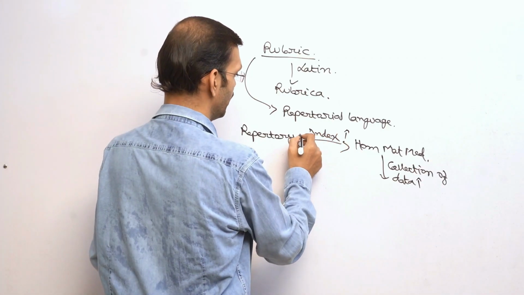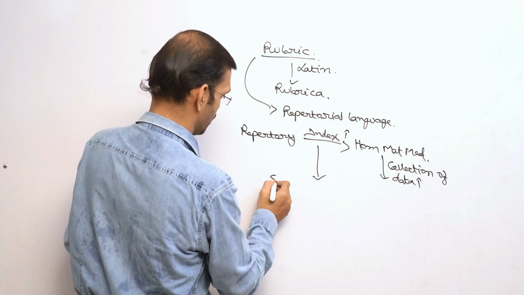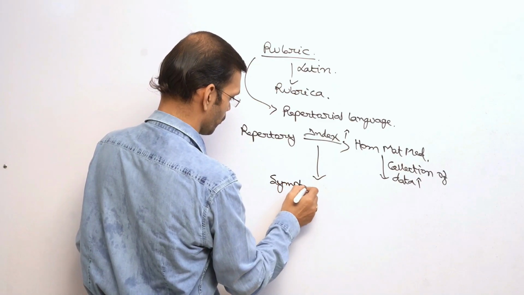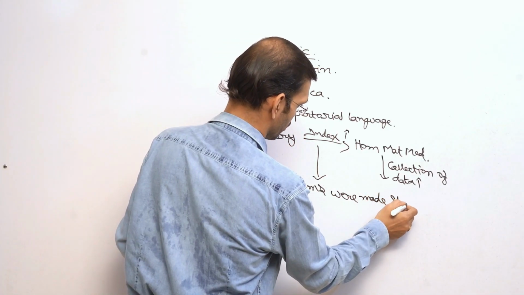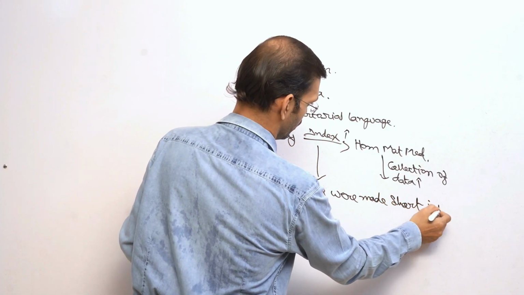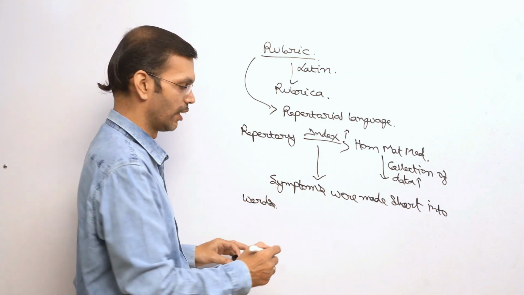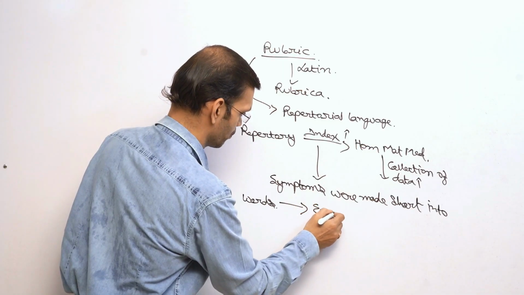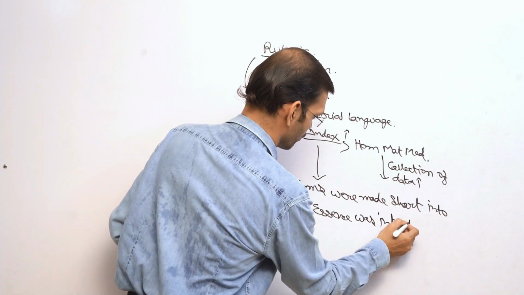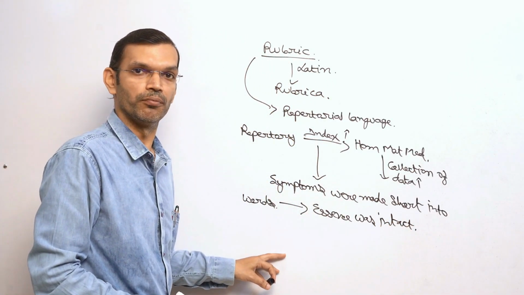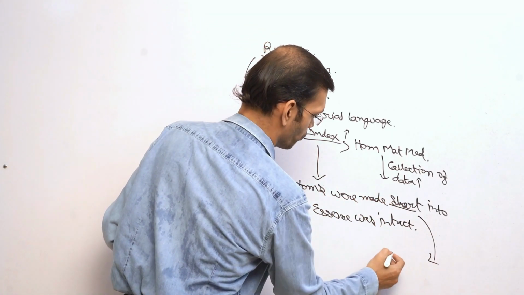So to keep the index short, one way was formed in which the symptoms were made short into words, but the essence was intact. And this form in which the symptoms were made short was called a rubric.